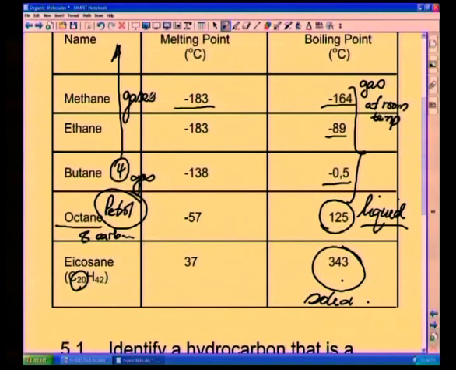So the lesser the number of carbon atoms, the more you have those molecules as gases. Somewhere in between, 8, 9, 10 to 12, 14, you have these organic molecules as liquids. But when you go way up, where you've got molecules of long chains like 20 carbon atoms, 25, you begin to have solids at room temperature.